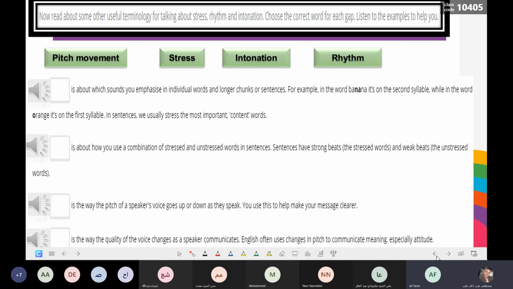Teaching pronunciation well is a little bit complicated. We are talking about different things: pitch movement, stress, intonation, rhythm, and the previous things, schwa and weak forms. So there are so many different things. Let's raise a question again.